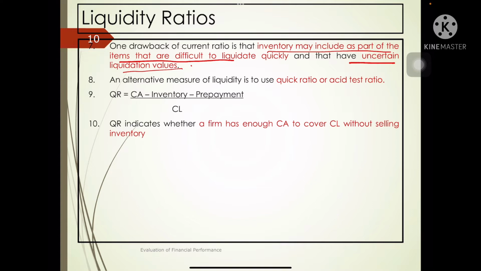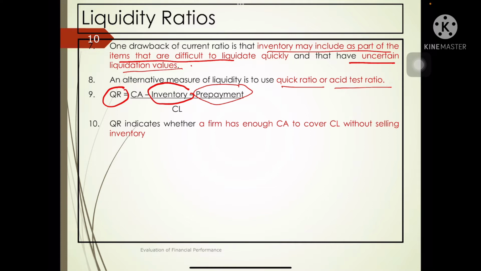Alright, number 8, we have an alternative measure of liquidity, which is called the quick ratio or acid test ratio. For the quick ratio, we have to subtract inventory and prepayments. These 2 items are quite difficult for the company to convert into cash.